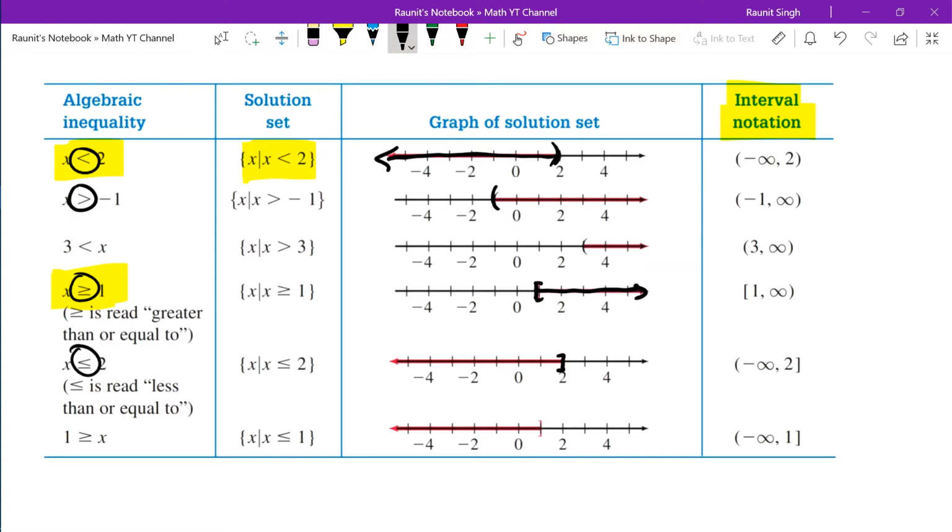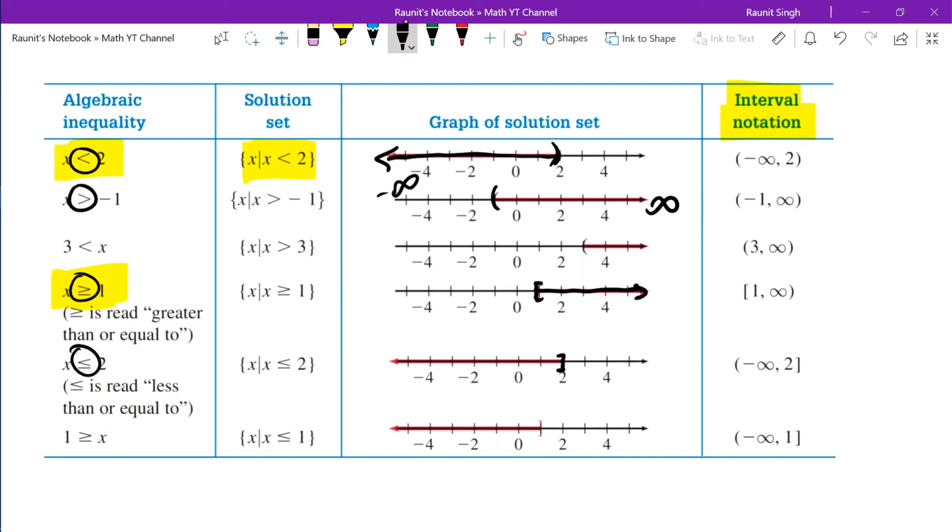So this is basically what interval notation is. The graph shows that it's from 2, but not including 2. That's what the parentheses mean. It's less than 2, but it does not have 2 in the solution set, and the solution set goes all the way to negative infinity for this top one, for x is less than 2, and for this one, it goes to positive infinity.